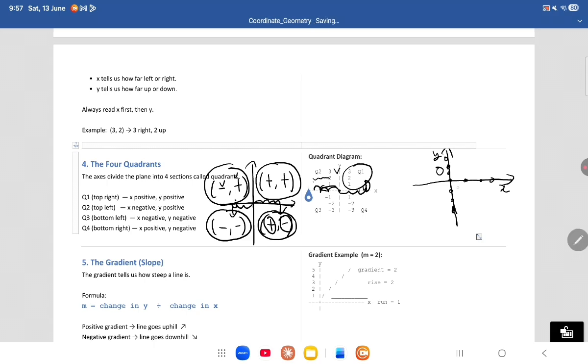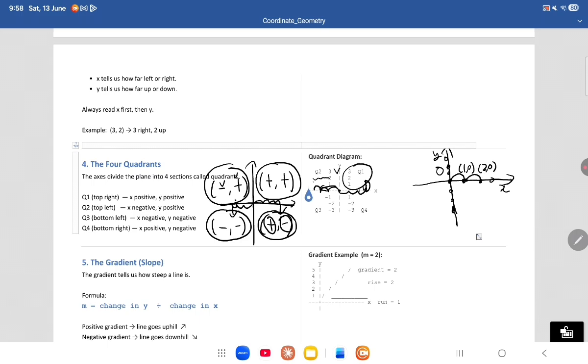So let's say, including the origin, if you go 1 to the right from the origin, then you get (1, 0). If you go 1 more, obviously then you get (2, 0).